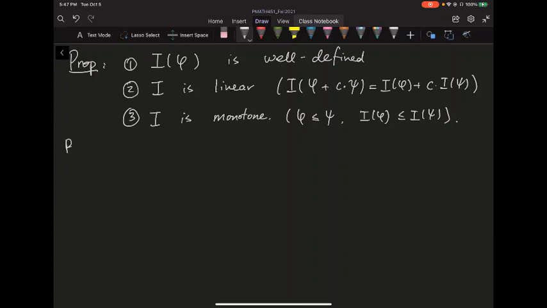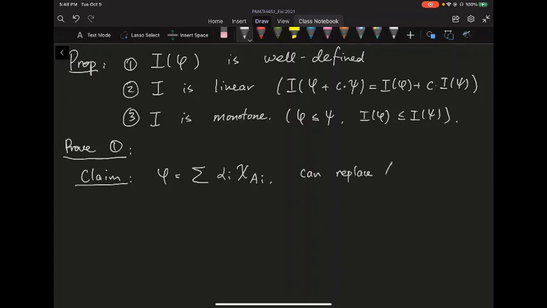So let's prove one first. I want to first of all make a claim that when you write phi equals the summation of alpha_i chi of A_i, you can replace these A_i by disjoint sets.